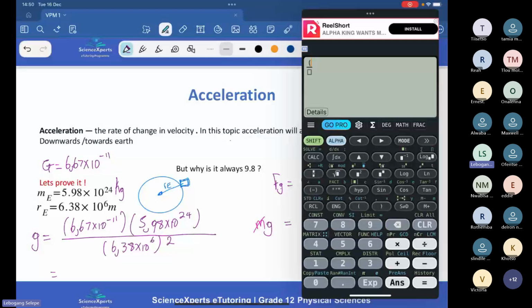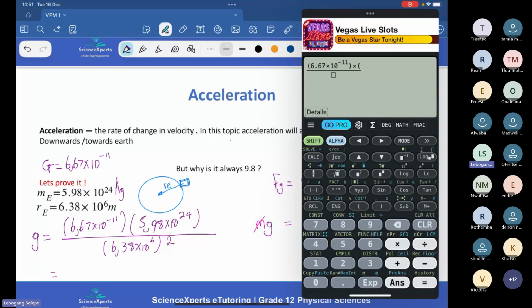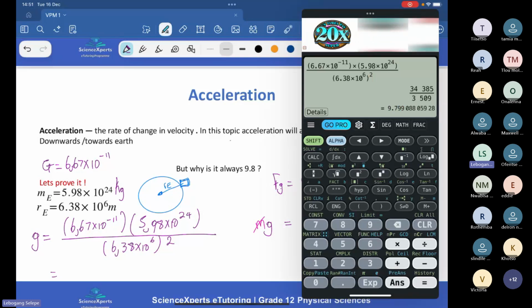So let's see. 6,67 times 10 to the negative 11 multiplied by 5,98 times 10 to the power 24. Then we have 6,38 times 10 to the power 6, all squared, right?